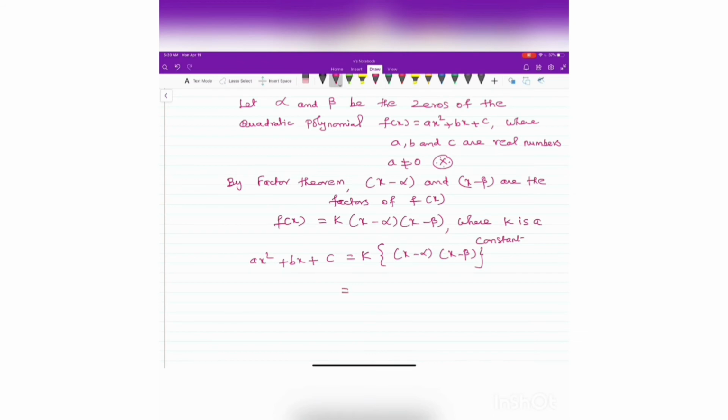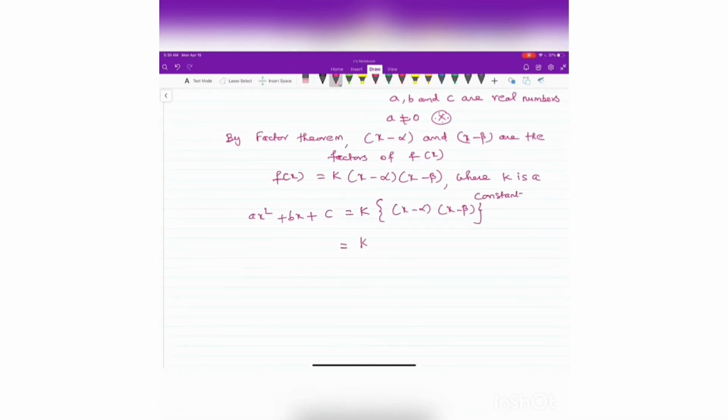Now, let me multiply this term by term. I will be getting x square minus beta x minus alpha x plus alpha beta, which is equal to k into, if I combine these two terms, x square minus, of course x can be taken out as common factor, alpha plus beta into x plus alpha beta.